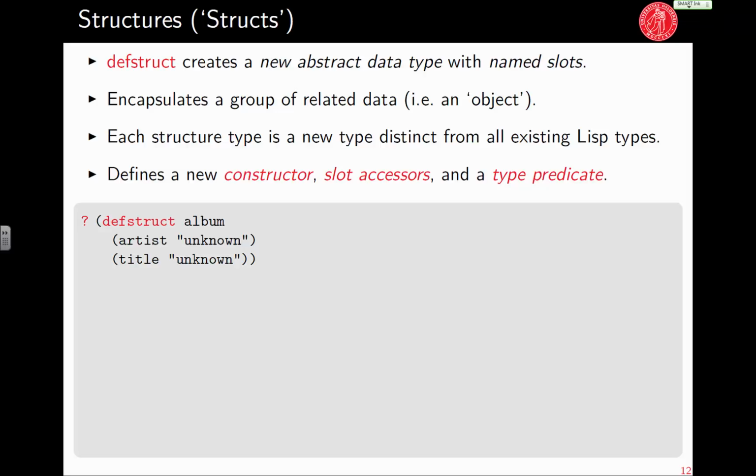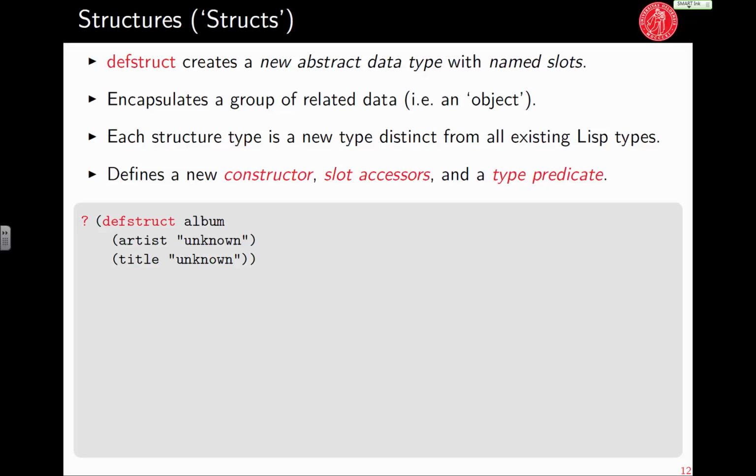Lisp actually has an object system, but we're completely ignoring that. So there's something called the Common Lisp Object System, CLOS. You're free to study it. It actually has many redeeming properties, but we focus on the classic part of Lisp.